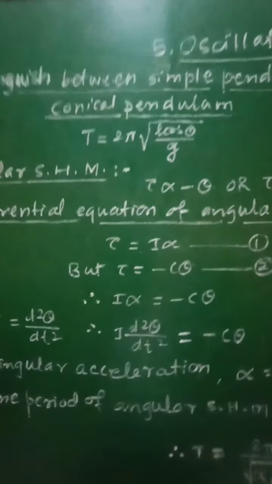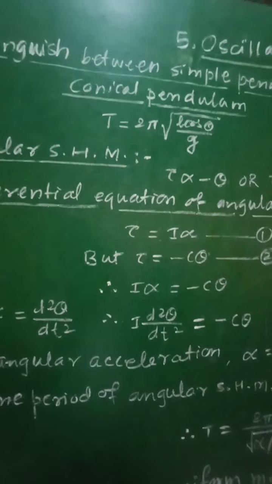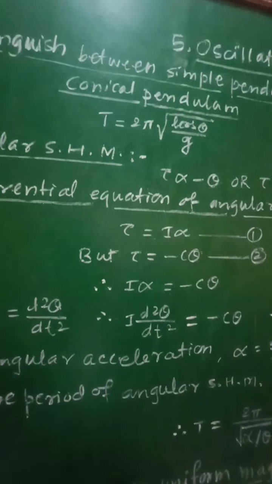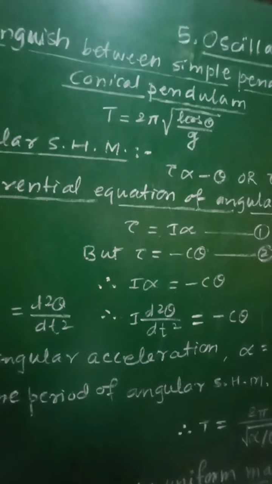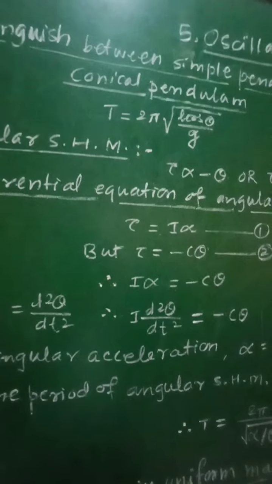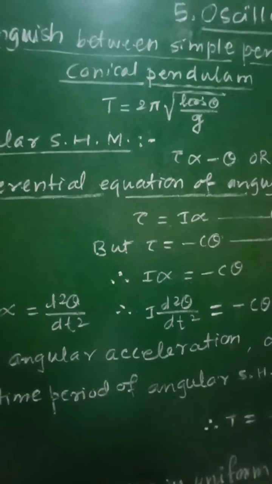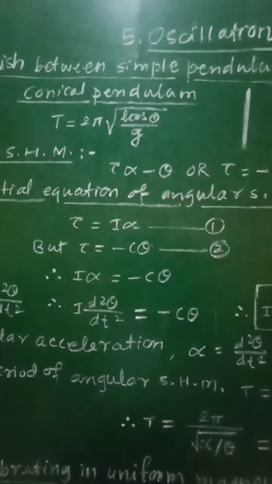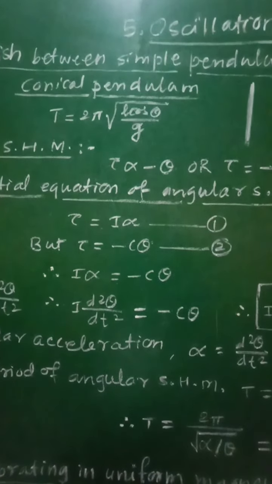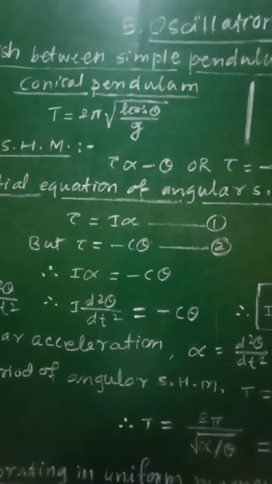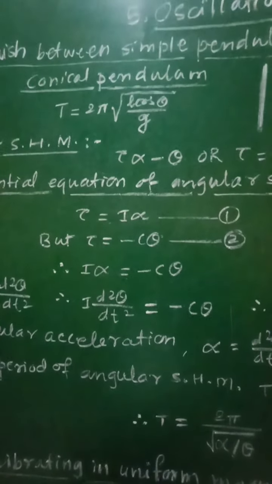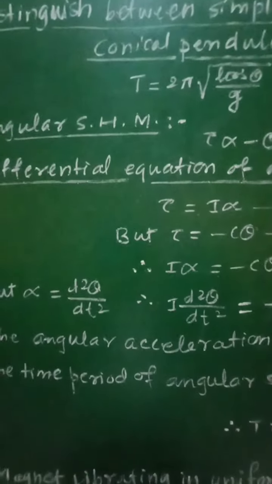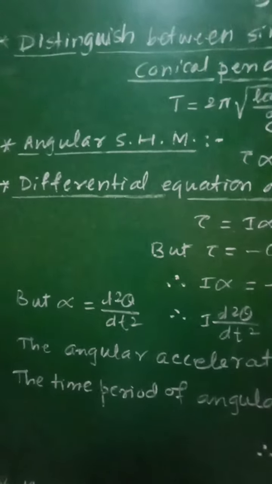Again, fifth point, in case of conical pendulum, the string always makes a fixed angle with the horizontal and can never be horizontal, while in case of simple pendulum, for large amplitude, the string can be horizontal at some instances. So these are some of the points of distinction between simple pendulum and conical pendulum.